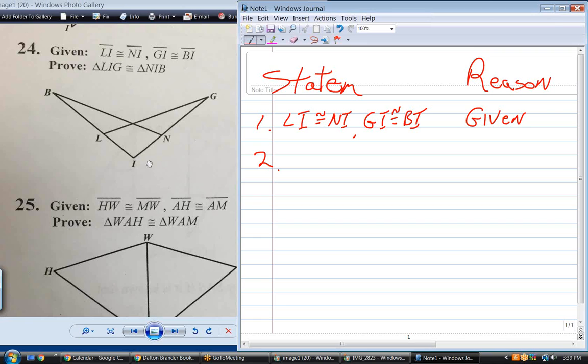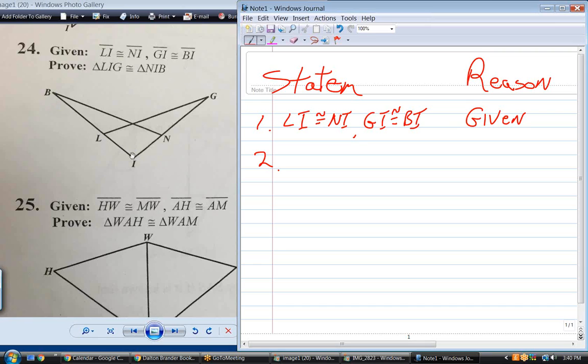Our goal is to prove that this triangle is congruent to that triangle. So what do we have so far? We're looking for equal sides, equal angles. We have two equal sides now.